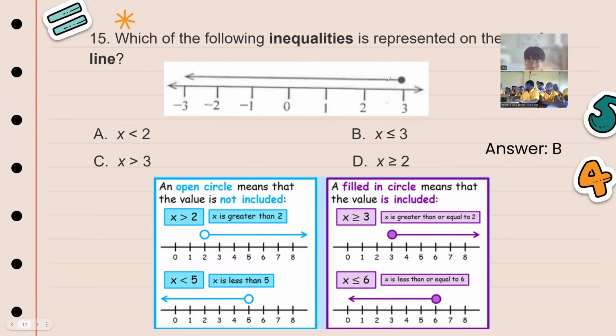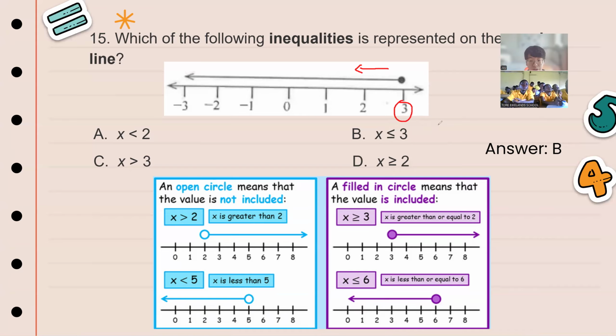Here, we see a closed circle. And if it's a closed circle, we know that it is equal to, less than or equal to, or greater than or equal to. And then we see that this points to the left from 3. So it has to be less than 3. And since it is closed, 3 is inclusive.